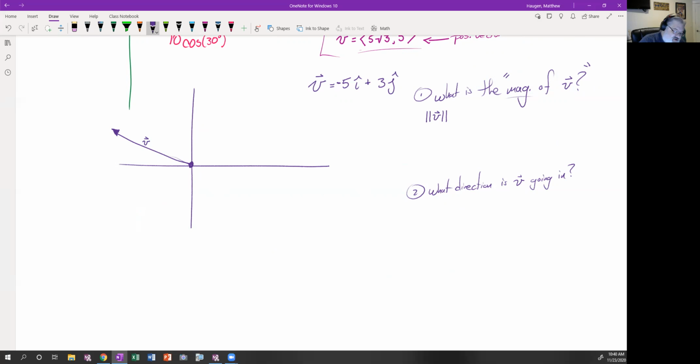The nice thing about the magnitude of v is, well, what do we know? We know this length is -5. We know that length is 3. We know that that forms a right triangle. If only we had a tool to find the hypotenuse of a right triangle, knowing the two sides.